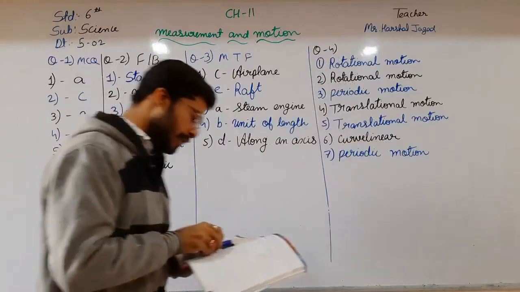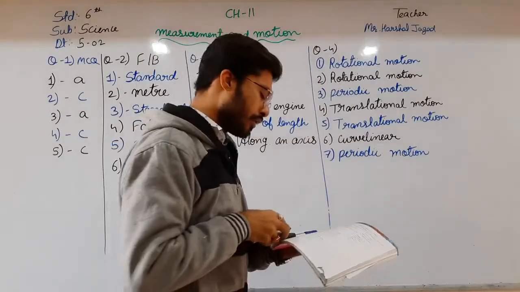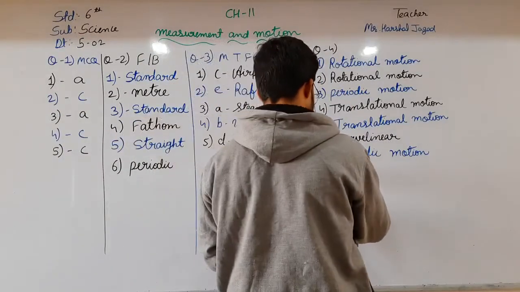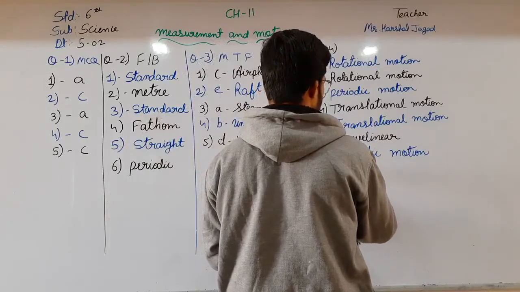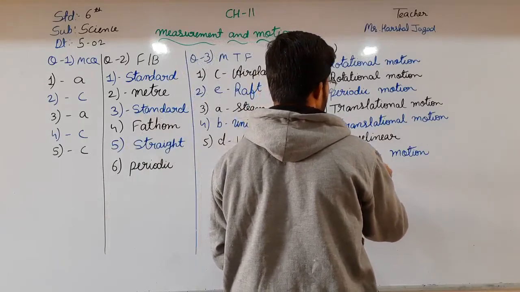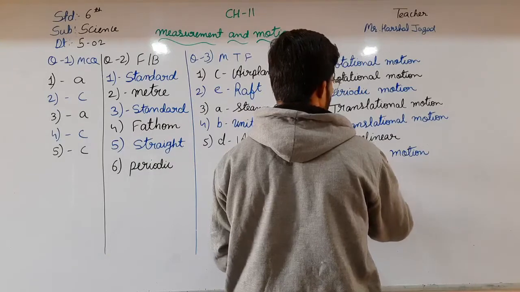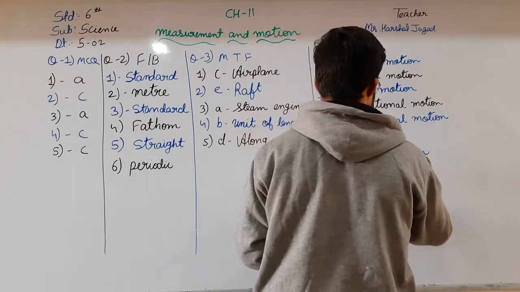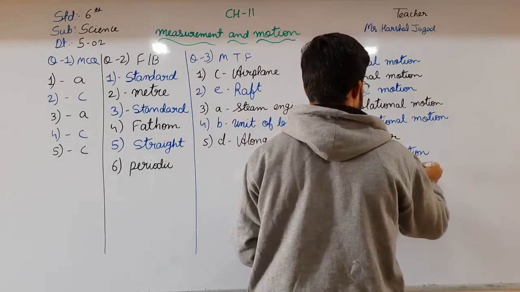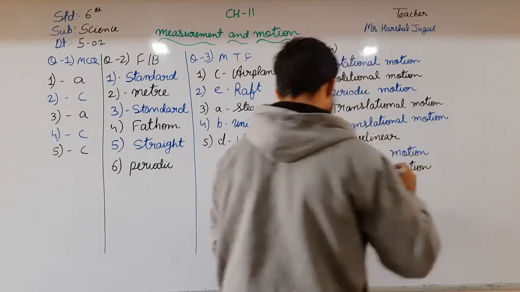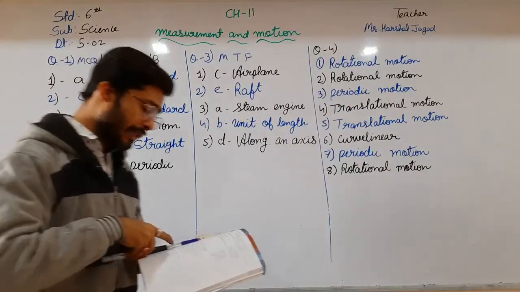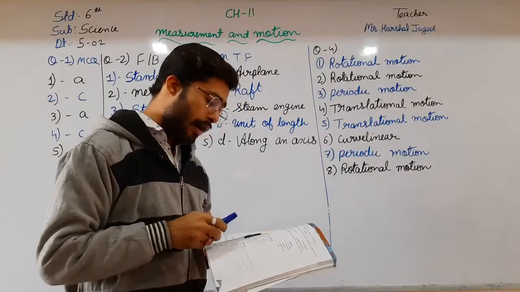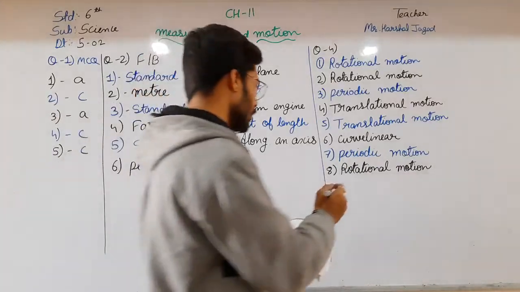Eighth one, the turning of a doorknob, that is also rotational. Ninth one, an athlete in a 100-meter dash, that is also rotation.